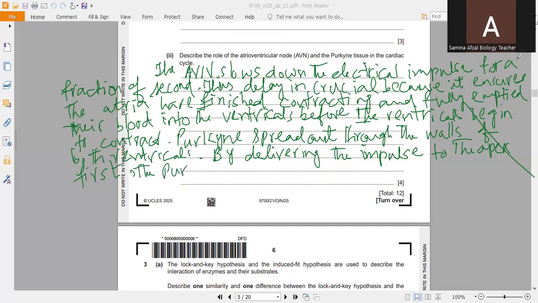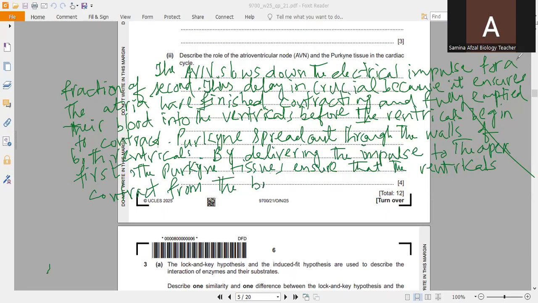The Purkyne tissues ensure that the ventricles contract from the bottom upwards.